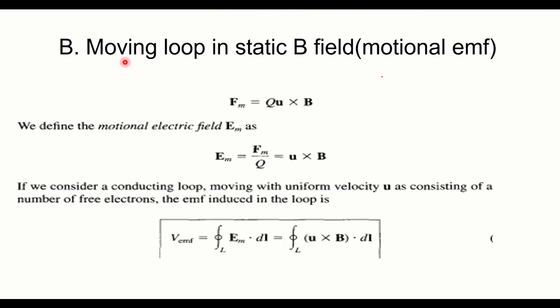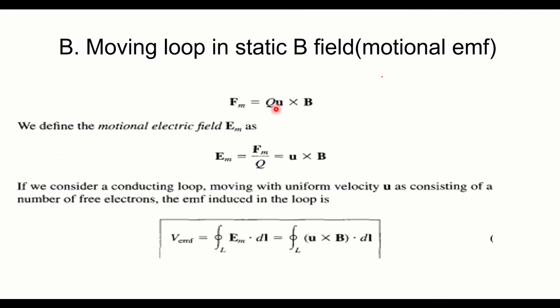So the second case is the conductor is moving in a stationary magnetic field. We know that when a current conductor is moving in a magnetic field, a force will be exerted on this conductor, and this force will be equal to Q into U cross B, that we already studied in basic electrical.